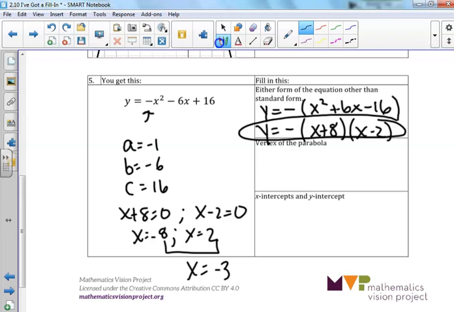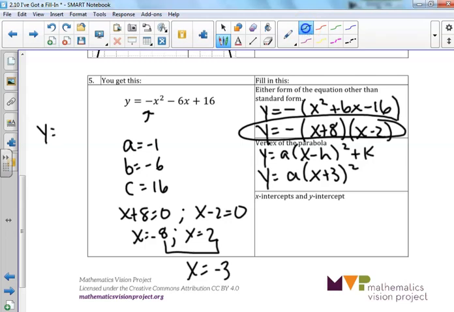So we do know that in our vertex form, the h value will be negative times a negative, which is +3 squared. Let's figure out what our k will be. To find our vertex, we can plug x back in.